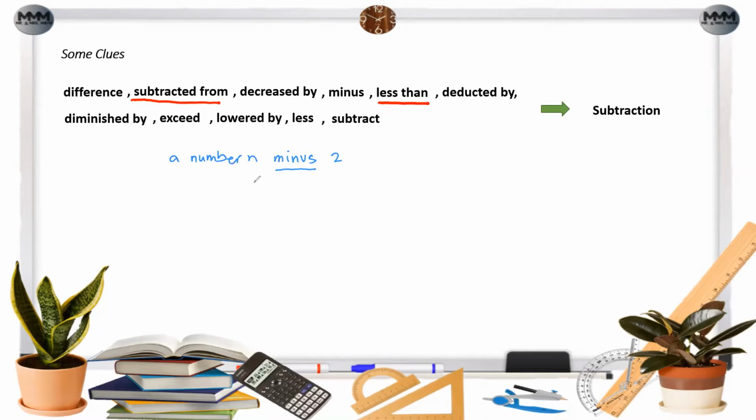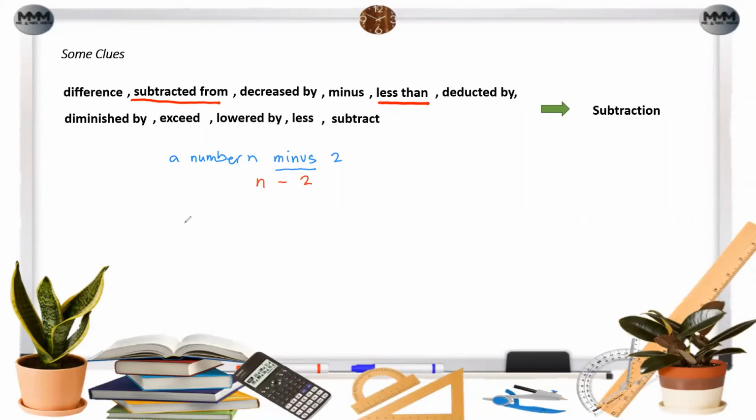So for the symbols before and after the phrase, we are going to retain them and translate these verbal statements. So we may write this one as n, symbol for minus, 2. You can see the position of the two symbols are retained.